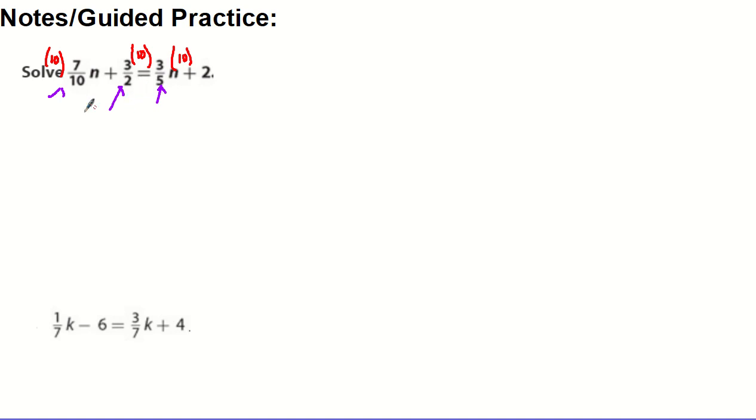We're allowed to do that as long as we do it on both sides and we do it to every single term. So because I'm going to multiply all these fractions by 10, I have to multiply every single number by 10, so it means I have to multiply this 2 by 10. So I picked the lowest common denominator, which is 10, and now I'm multiplying every single term in this equation by 10. Because whatever I do on one side, I do on the other side, so I'm allowed to multiply by whatever I want. So now when I do that, I actually have to do this multiplication.